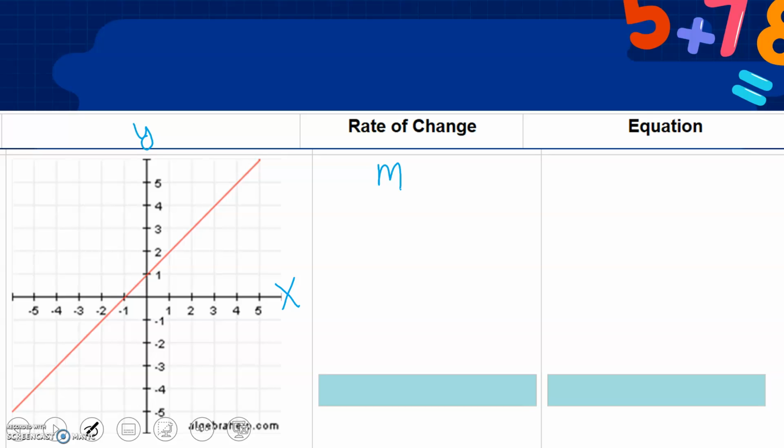Remember, to find m equals rise over run. The y-intercept is here at 1. We want to start with our y-axis first, rising, and then we're going to run.